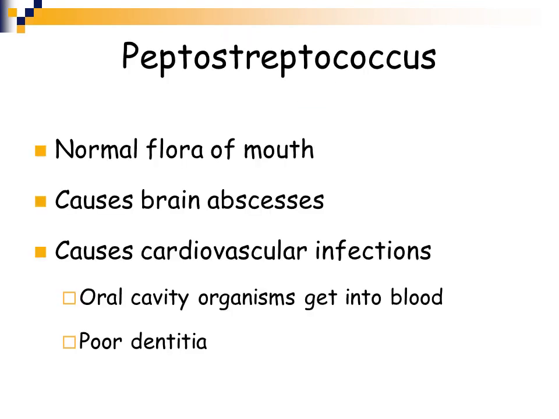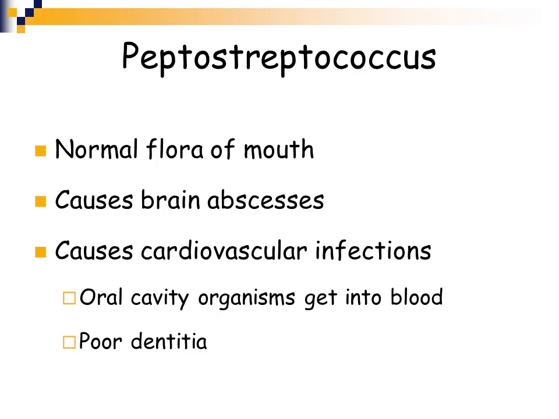Now, Peptostreptococcus is normal mouth flora. It can cause a brain or a mouth abscess. Any mouth flora, as you already know, can get into the bloodstream, especially in an immunocompromised individual, and cause a cardiovascular infection, your endocarditis.